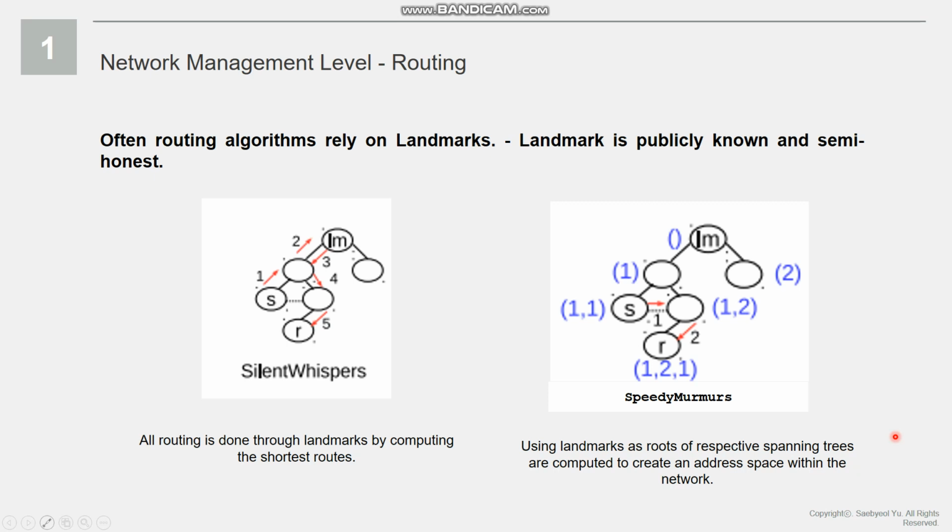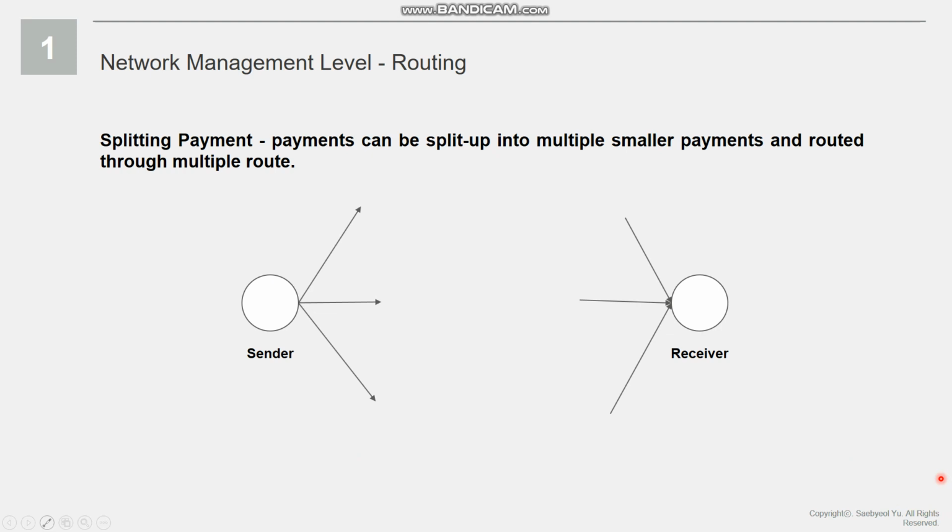And in the other case, without landmarks, Hoenisch and Weaver pioneered the adoption of techniques from mobile ad hoc networks, and there are many study cases about adopting existing network solutions. For example, Spider. And this is a routing technique for splitting payment.